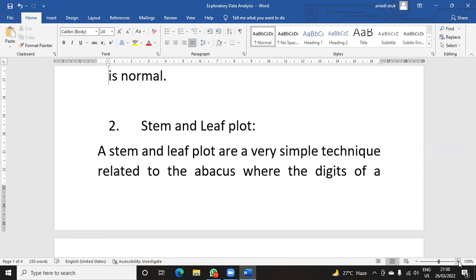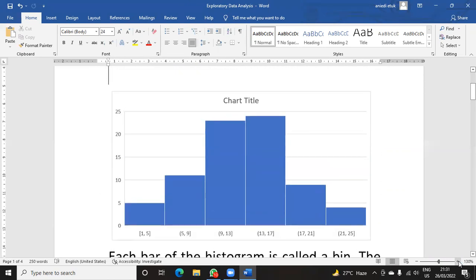In the case of bivariate, if this one is the first population, then you have a second population. If you want to combine, you can just change the color. The first population might be blue, the second population might be green. Are you getting me?